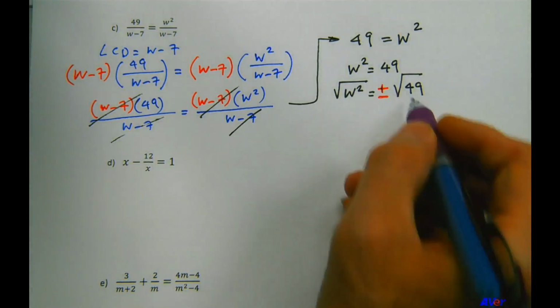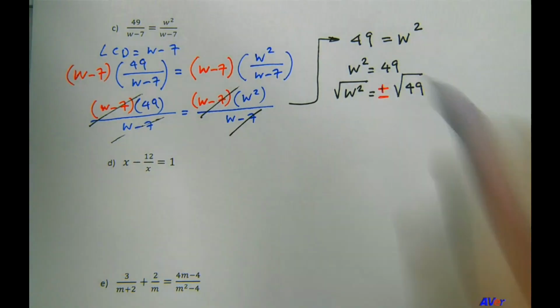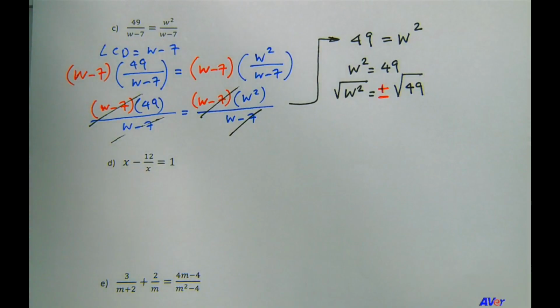So we end up with 2 solutions unless this is calculating a distance of some sort, say the radius of a circle or the distance between 2 points, then you would only accept the positive value. Not that you don't have a negative result. You do, but you toss it out.